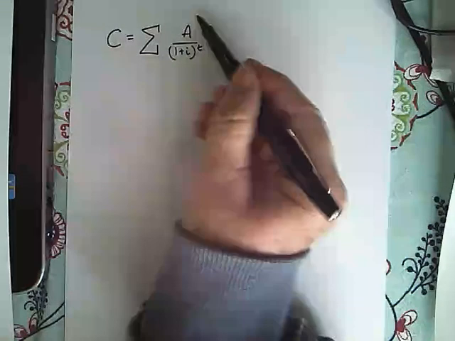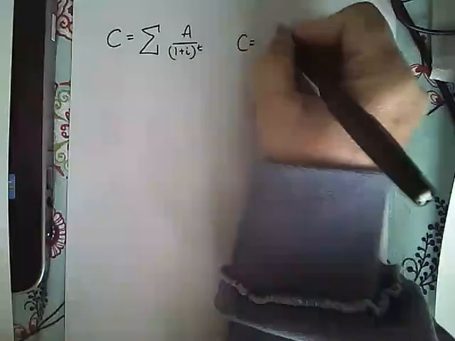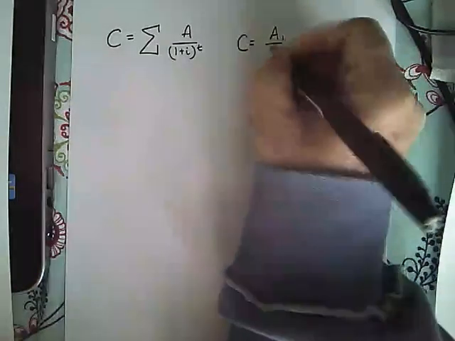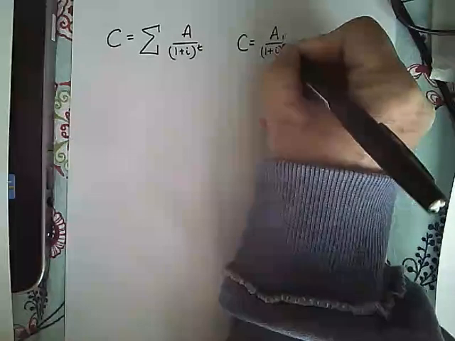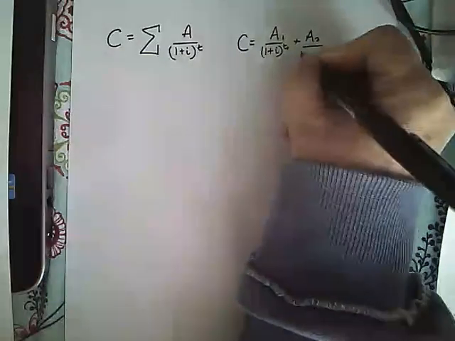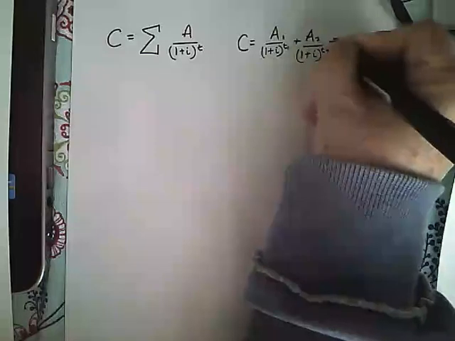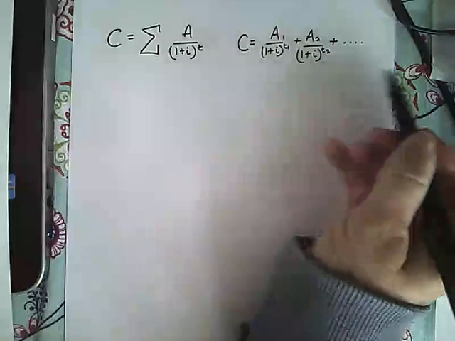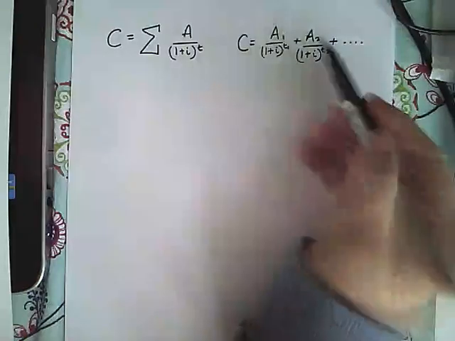So you want to add up a number of terms, and usually if we expanded it, we would write A1 over 1 plus I to the power T1, plus A2 over 1 plus I to the power T2, plus A3, A4, T3, T4, and so on. So we're just adding all these terms together.